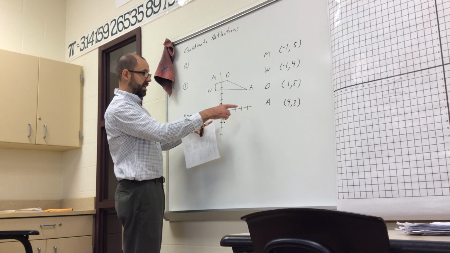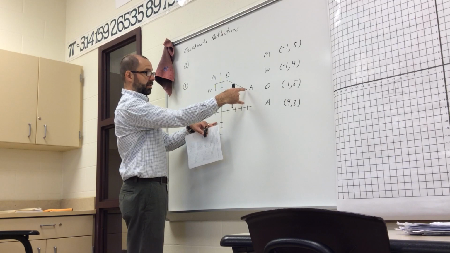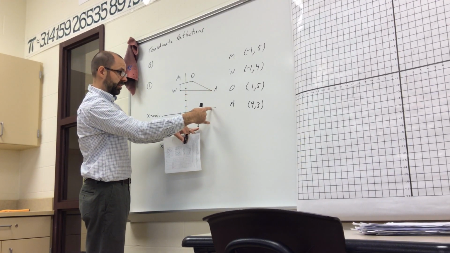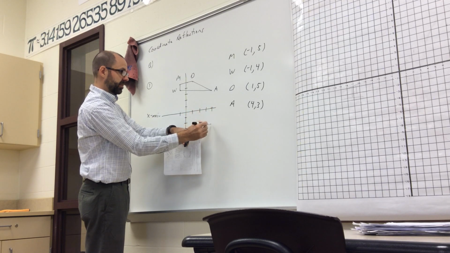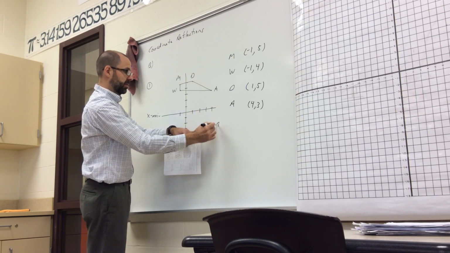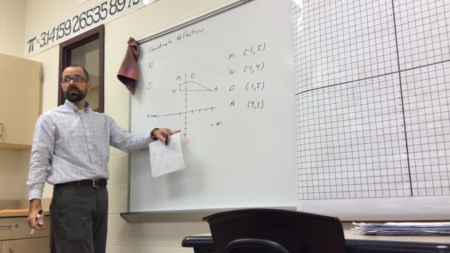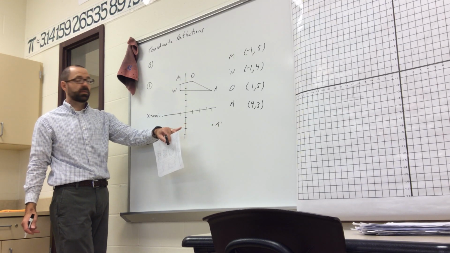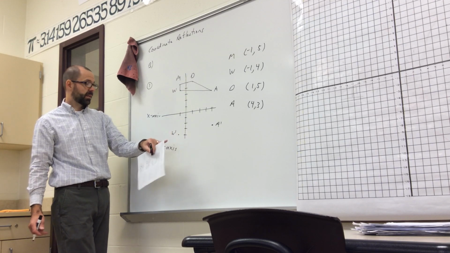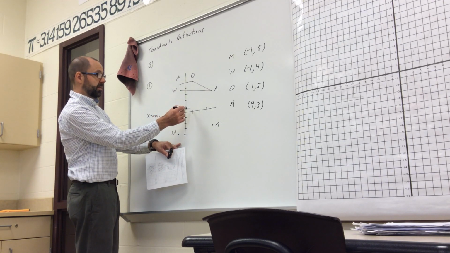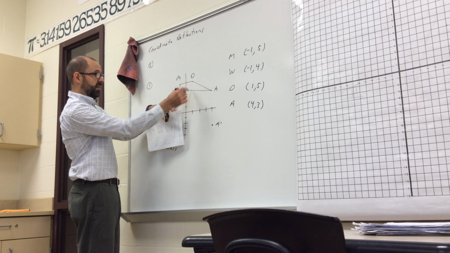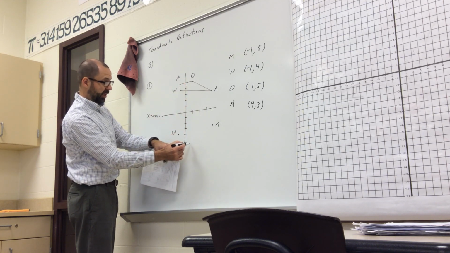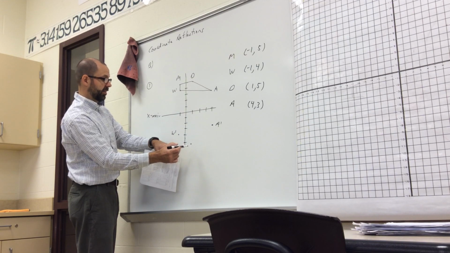So then for A, it is 3 away from the x-axis, so then it needs to come down here 3 away from the x-axis. So there's the A prime. And then the D is 5 away from the x-axis, so it'll end up being 5 away down there.